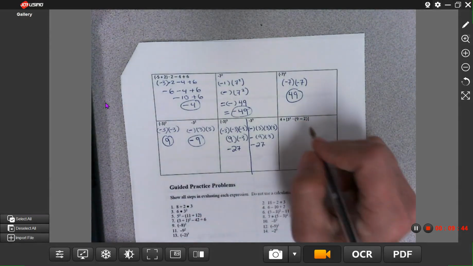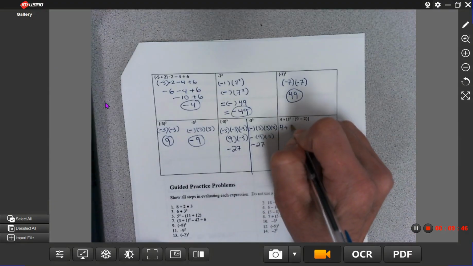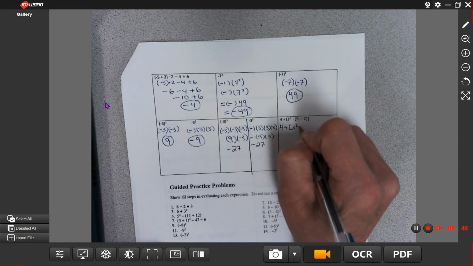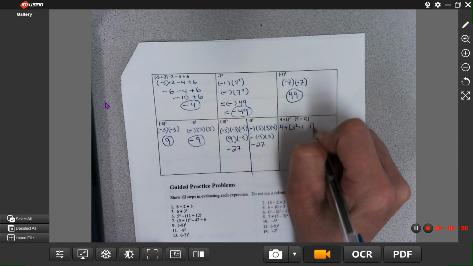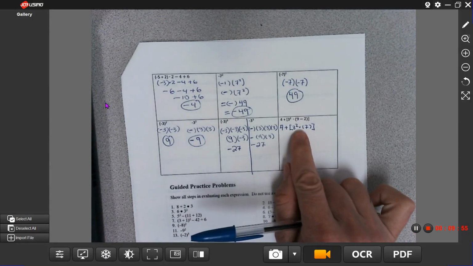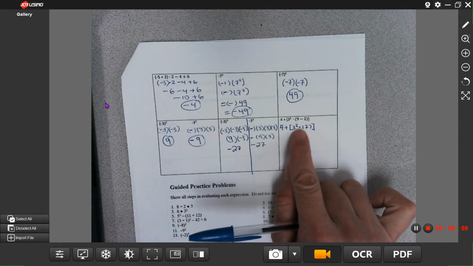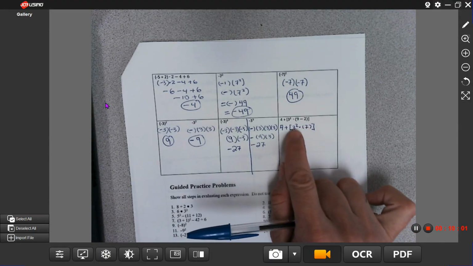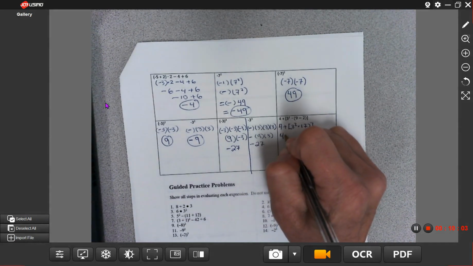So I have to do the 9 minus 2 first. So I'm going to copy everything else and not work with it. And then I'm just going to do the 9 minus 2, which is 7. Now I'm still going to work inside the brackets because that's a grouping symbol, and within the brackets I have an exponent and multiplication, so I have to do the exponent first.